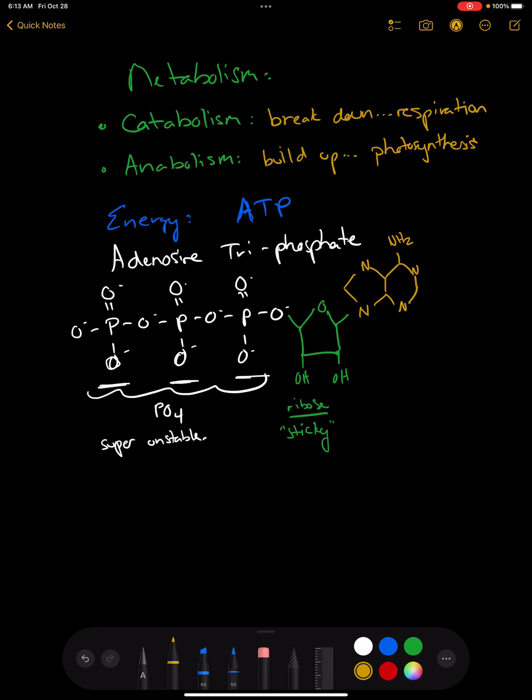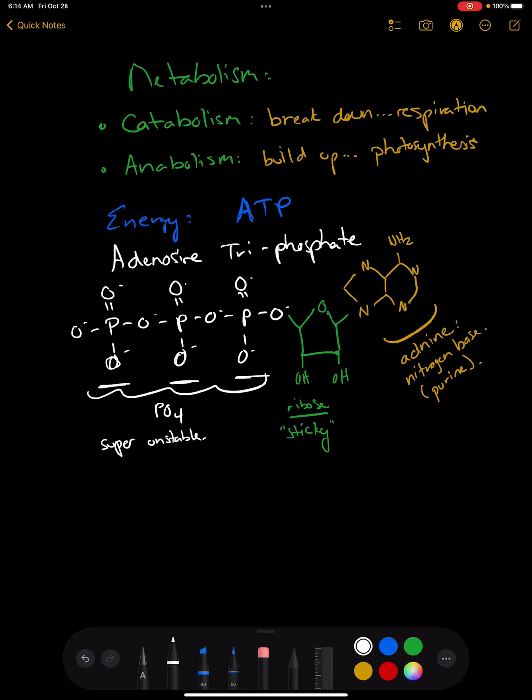So this guy right here, this is where the adenosine comes from. He is adenine. Now adenine, if I look at the elements in there, he is a nitrogen base. And more specifically, since he has two rings and it's adenine, this nitrogen base is a purine. So there's my entire ATP molecule.